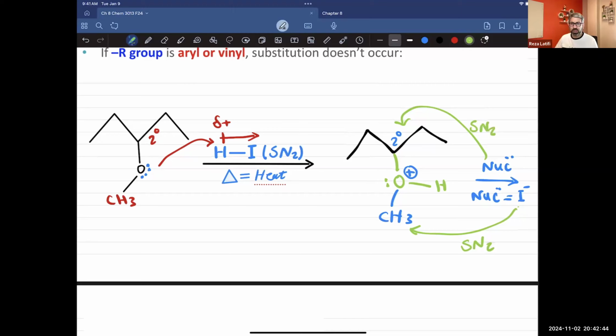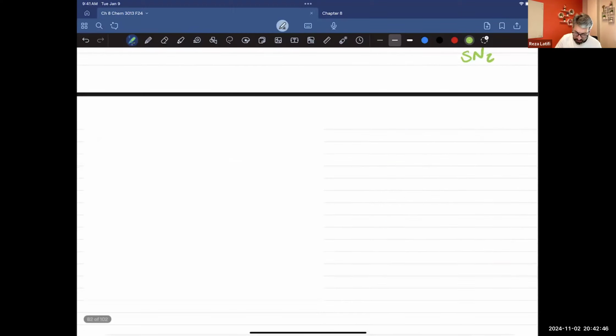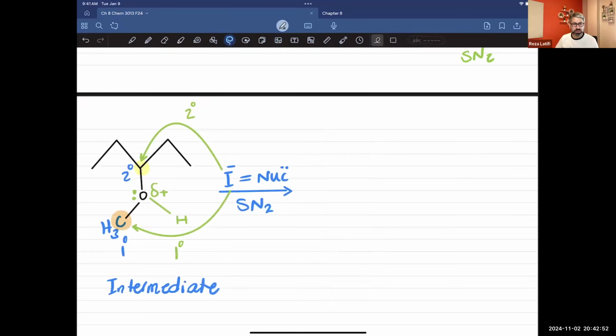So this is our intermediate, and the reaction is going to go after the methyl carbon, and this one is going to happen, while the top one will not happen. So I will get this product.